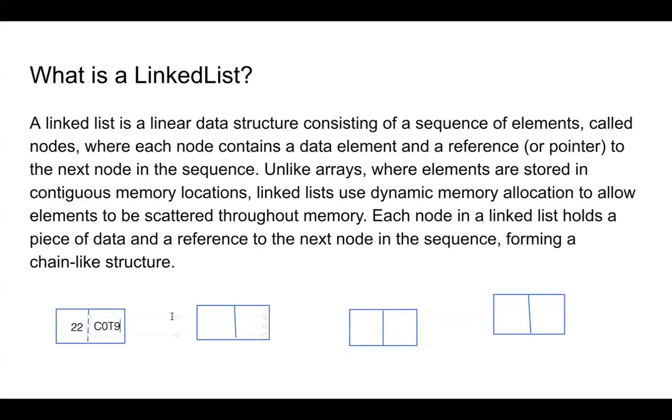Now this address would ideally be the location pointing towards the next data. In other words, this address would be pointing towards this 3 over here. And similarly, it does the same for all of these. So this would point to this, and this would point to this.